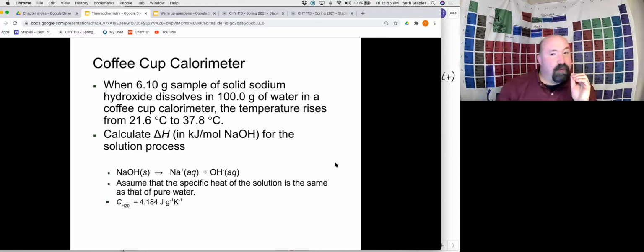Not only that, but we usually go a step further: with these sorts of processes, we want to know the kilojoules per mole of NaOH. So when you calculate your kilojoules as we just talked about, you then need to divide those kilojoules by how many moles of NaOH were present to begin with. Go ahead and pause the video and see if you can find the energy change associated with this dissolution process.